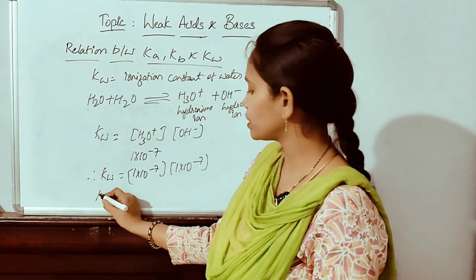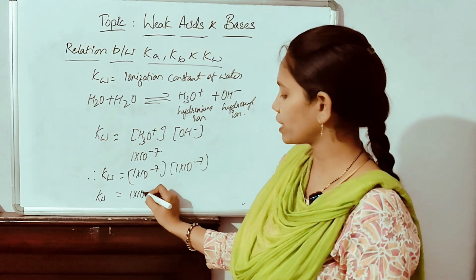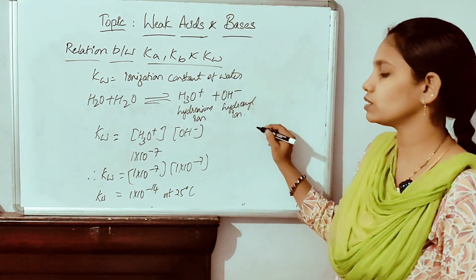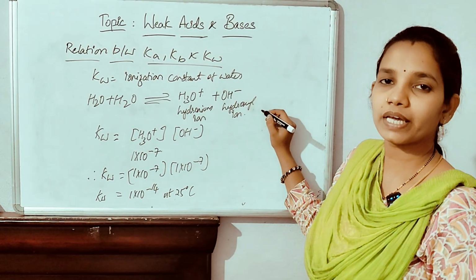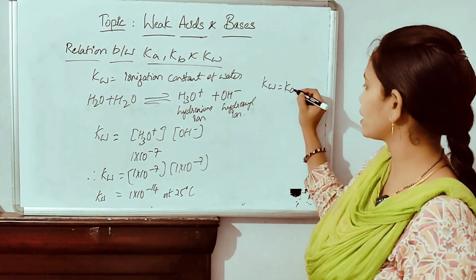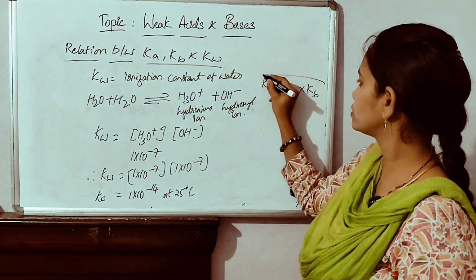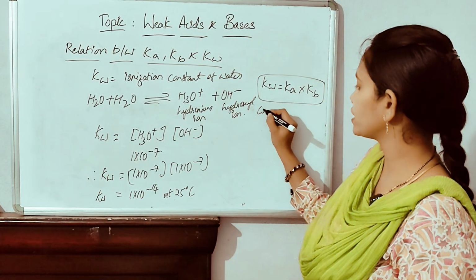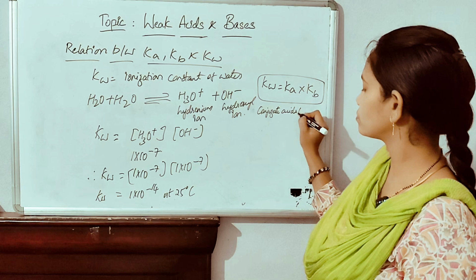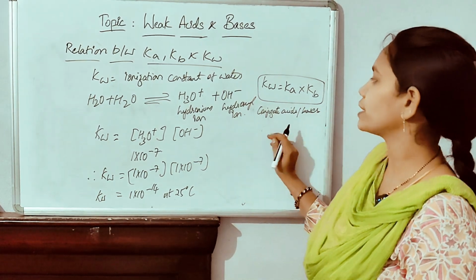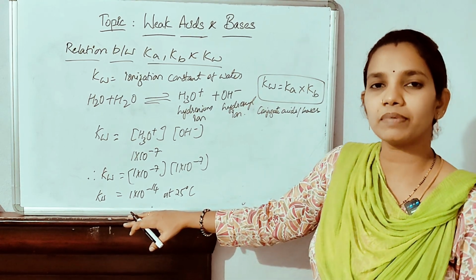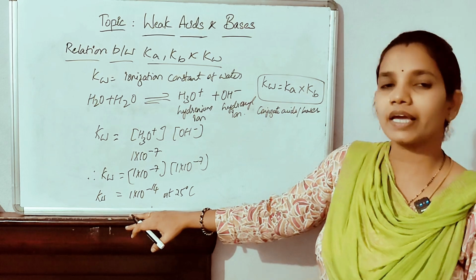Then finally we get Kw is equal to 1 into 10 to the power of minus 14 at 25 degrees Celsius. So here, what is the relation between Ka, Kb and Kw? Kw is equal to Ka into Kb. This is for conjugate acids and bases. And this relationship helps us to calculate the strength of the conjugate acids and bases if the Ka is known and vice versa.